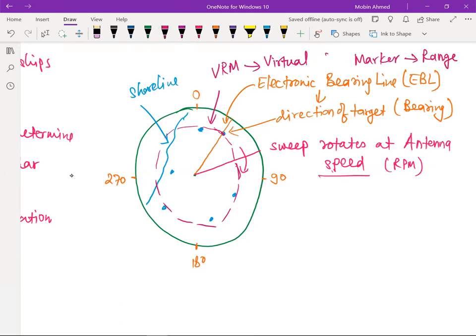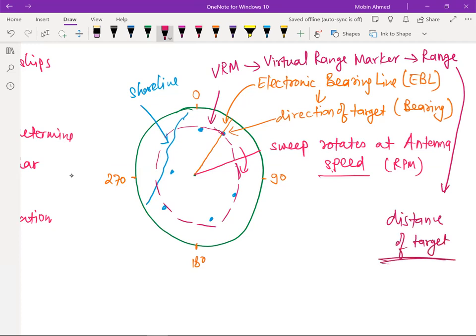Sorry, not range marker, this is a variable range marker. So this is going to give us the range, means how much distance we have. Center is our own ship, and from here how much the distance is there. So range means it is a distance. So it is going to tell us the distance of the target. So that is known as a range. And center is always our own ship, from where the sweep is, the sweep which is rotating.